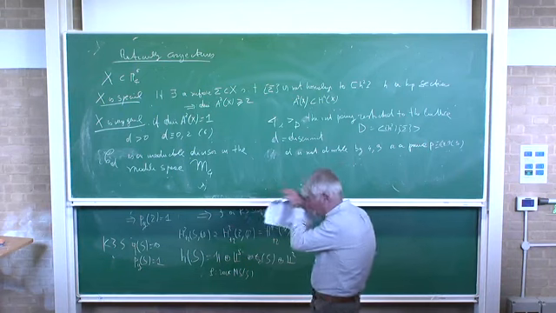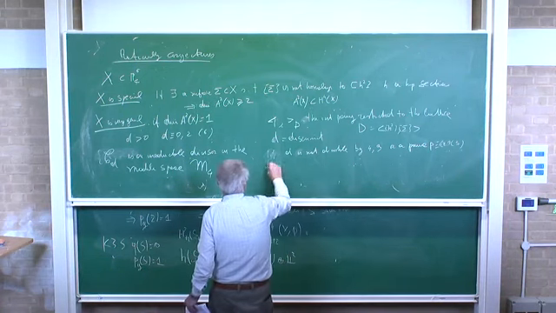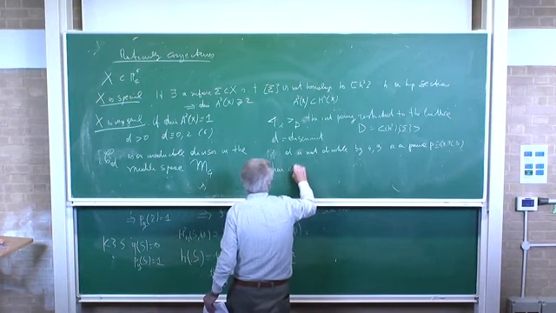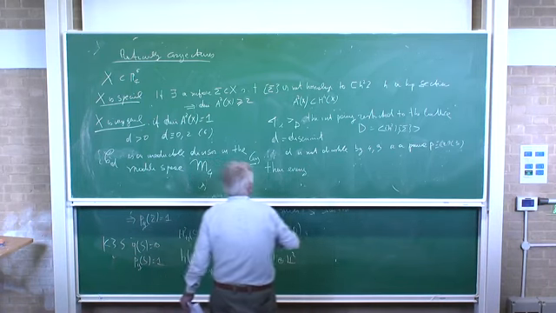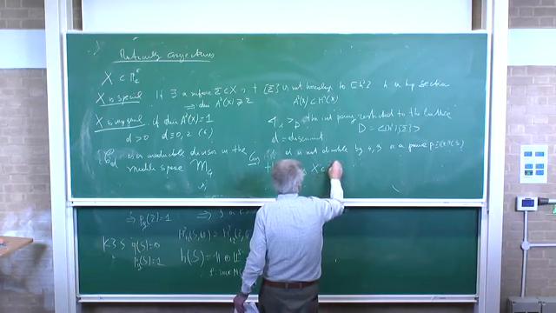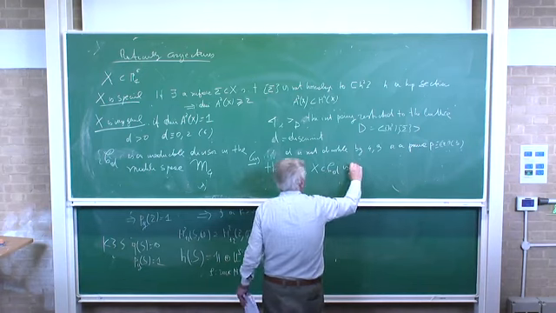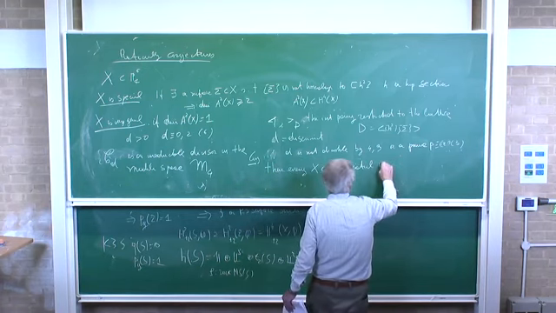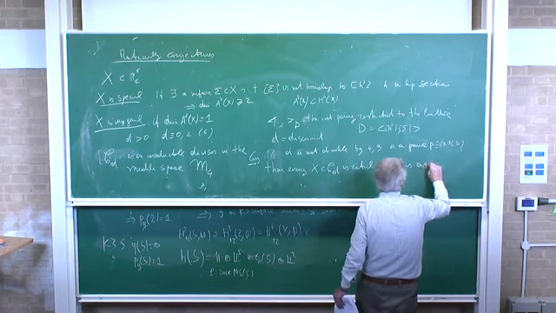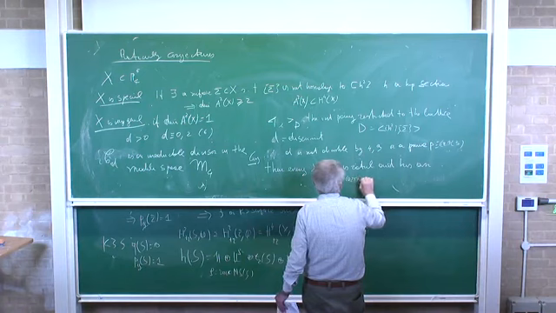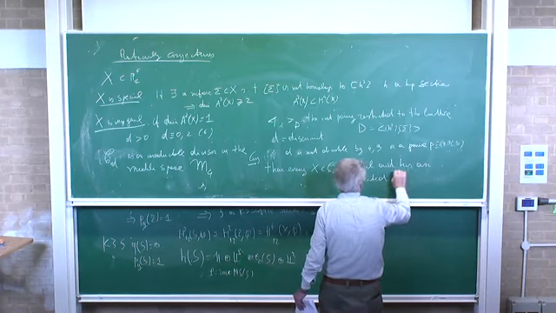Then the conjecture is that every X in C_D is rational and has an associated K3 surface.